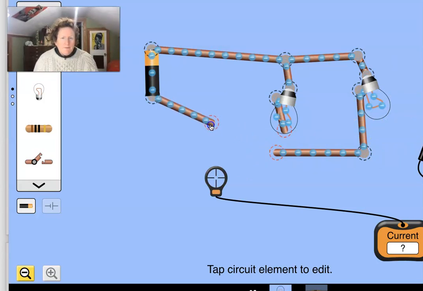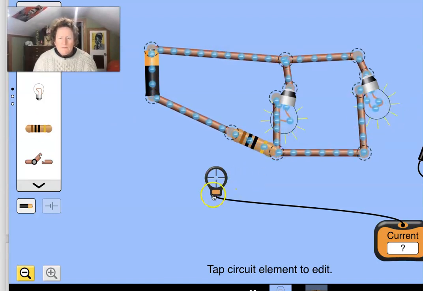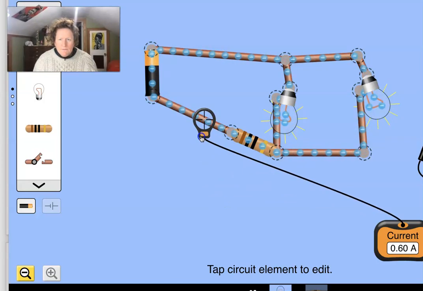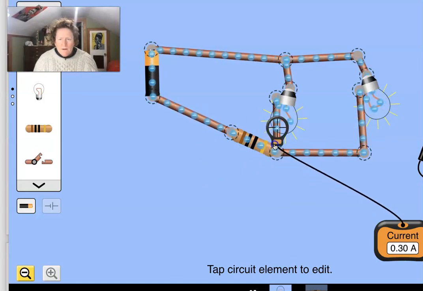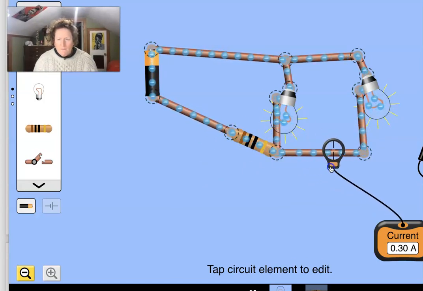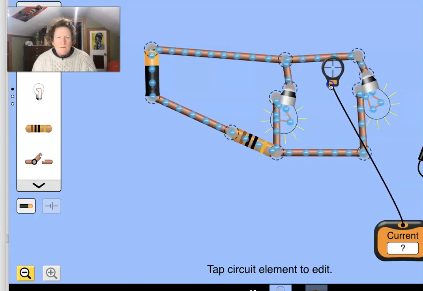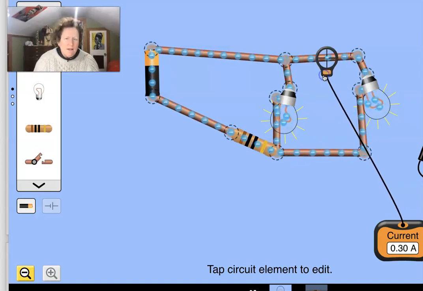I think we could grab a resistor. Let's see, does that slow the current down? Oh, it's 0.6 there, it's 0.3 there, it's 0.3, 0.3, so yeah, that slowed it down a lot. The bulbs are going to be dimmer, but that's okay if that's what we want.